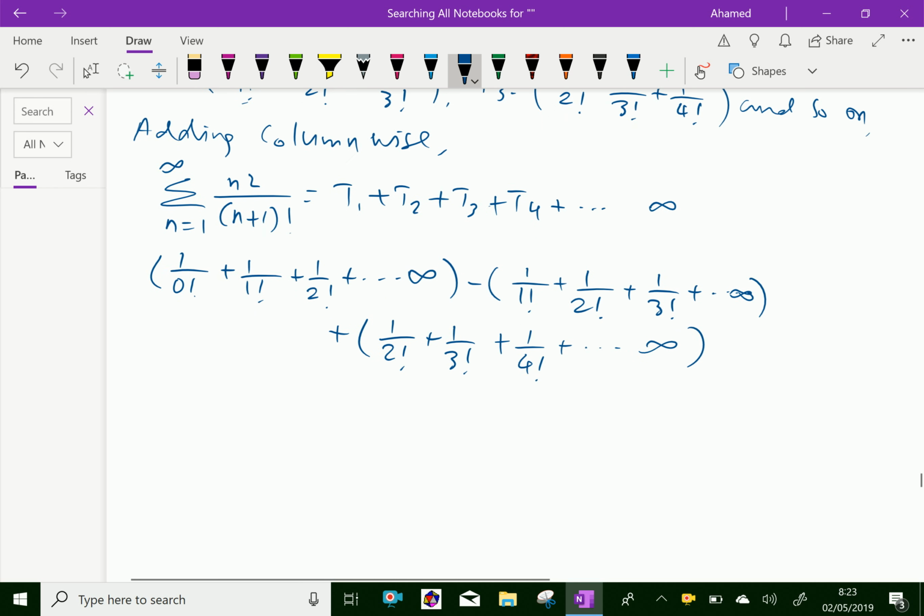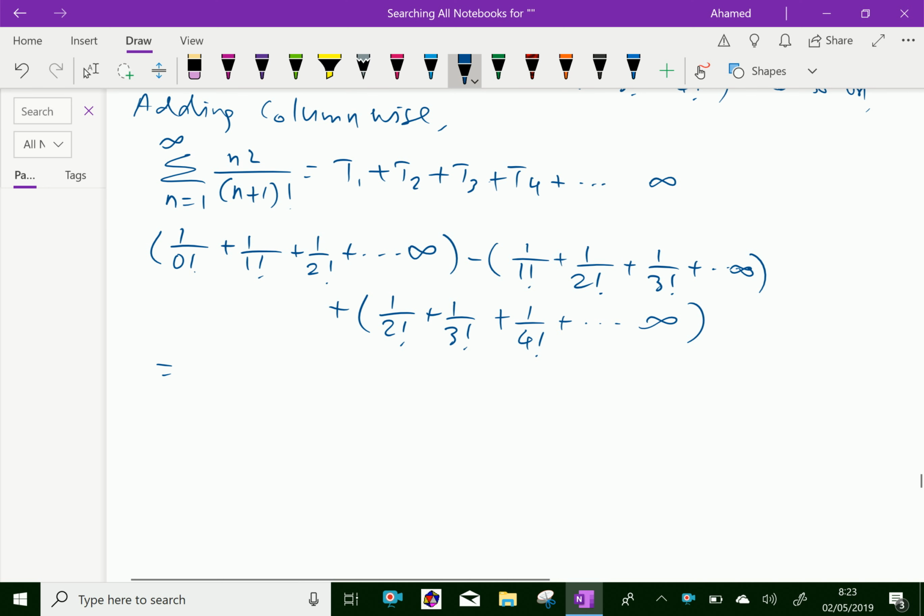So 1 over 0 factorial is 1. The first expansion is e. The second expansion is e minus 1, because there is no 1 extra here, so it is minus 1.